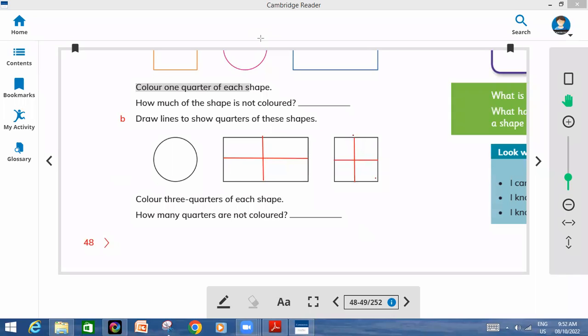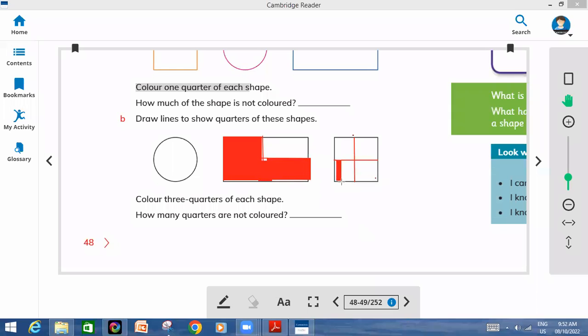So now what we are going to do, color 3/4, not one. So I'm going to use the same technique. Here, color it.